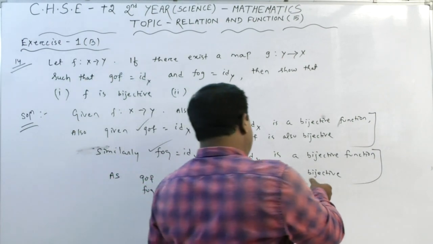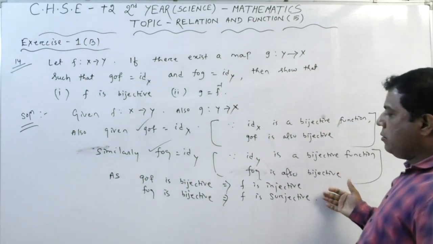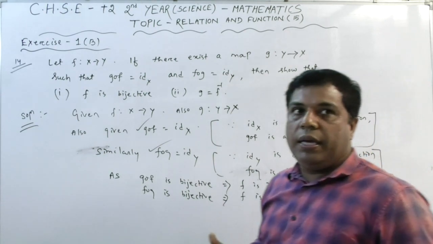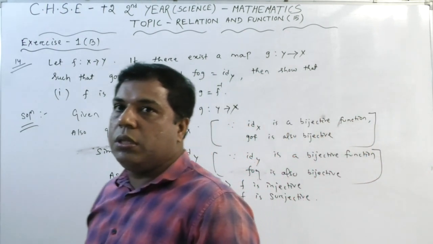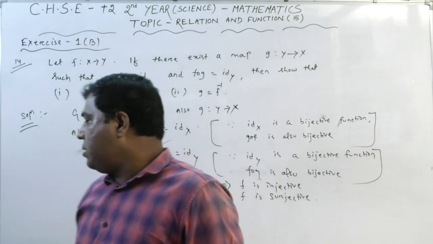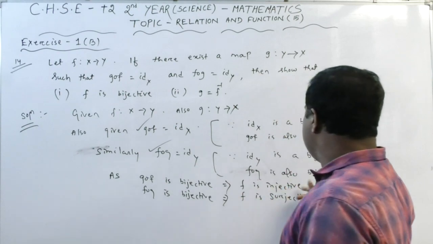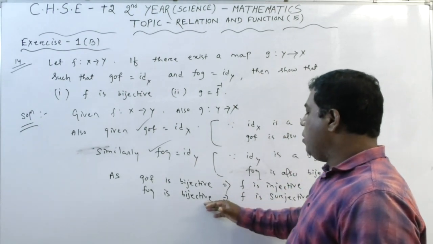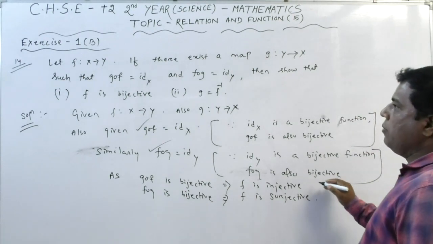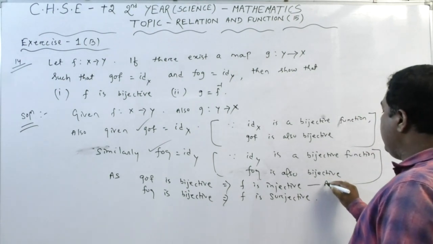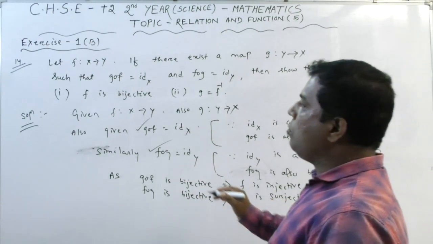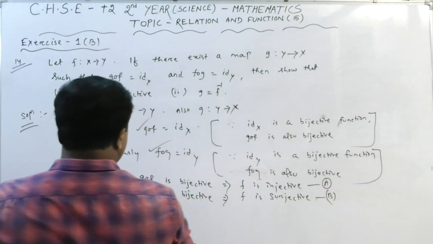These two are present as a result, as a property of the composition of functions, or of bijective functions. So as g∘f is bijective, f is injective, and as f∘g is bijective, f is surjective. Now from these two, suppose this is A and this is B. From A and B, what is the conclusion? Therefore f is bijective.